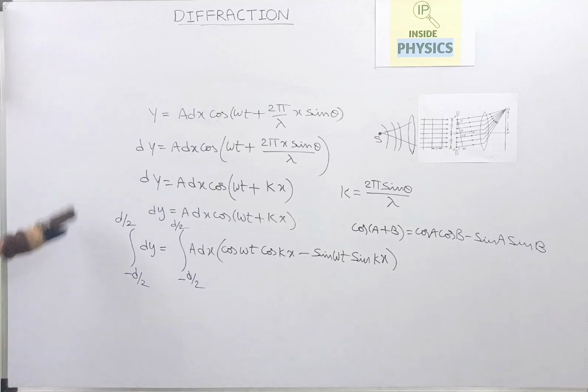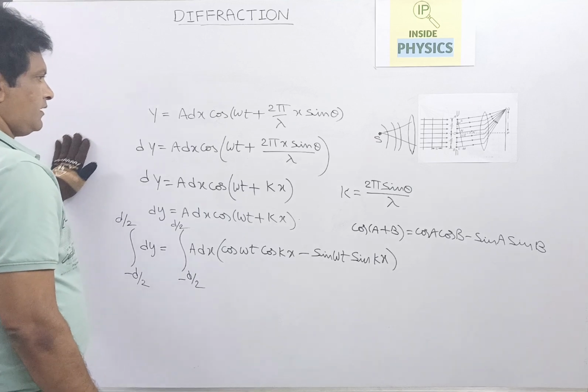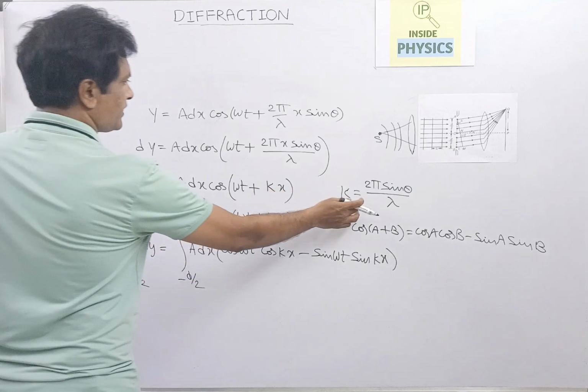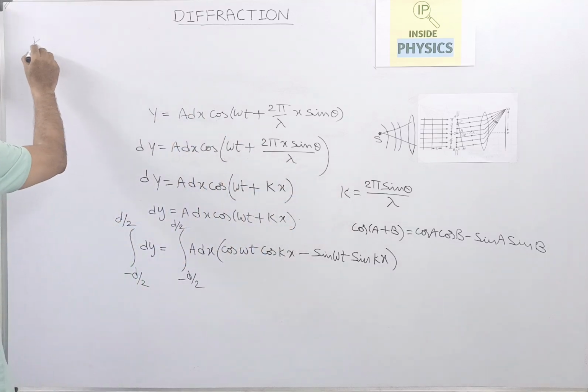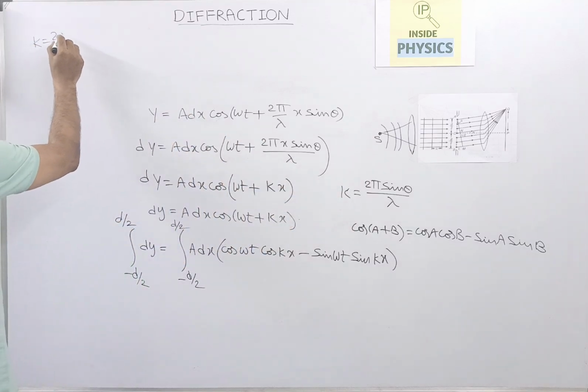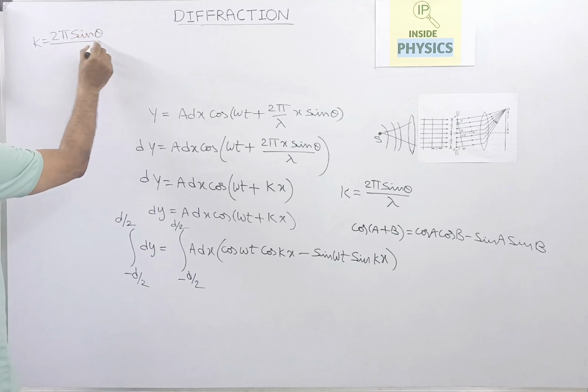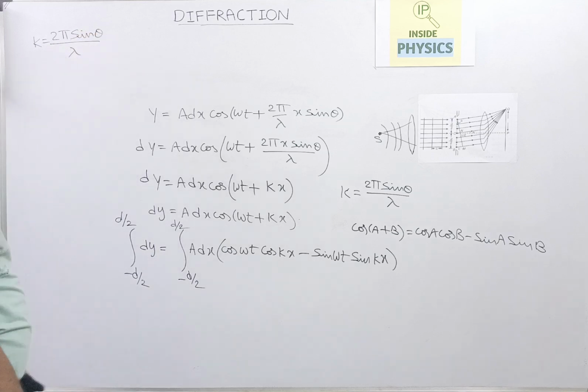We will further go with this equation, and we will write this k here for further proceedings. k is equal to 2 pi sin theta by lambda.